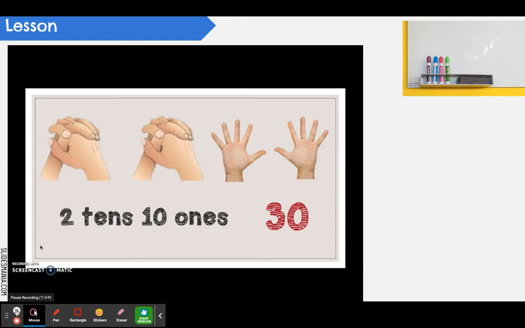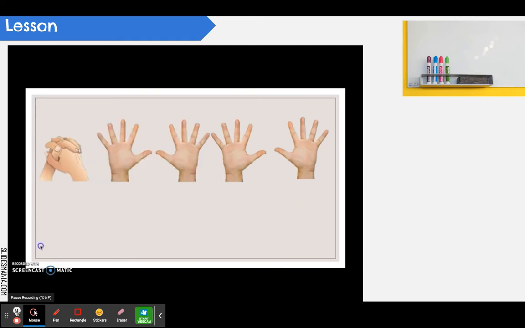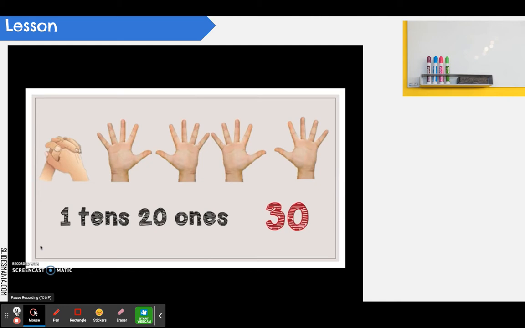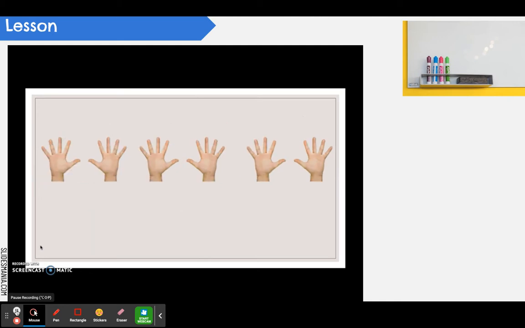What if I broke apart things a little bit more? Now what could you say? How many tens do you see here? Yeah, 1. And how many ones do you see? Ooh, I see 1 ten and 20 ones. Goodness gracious, but that number is still 10, 20, 30. What about, this is going to blow your mind, friend.